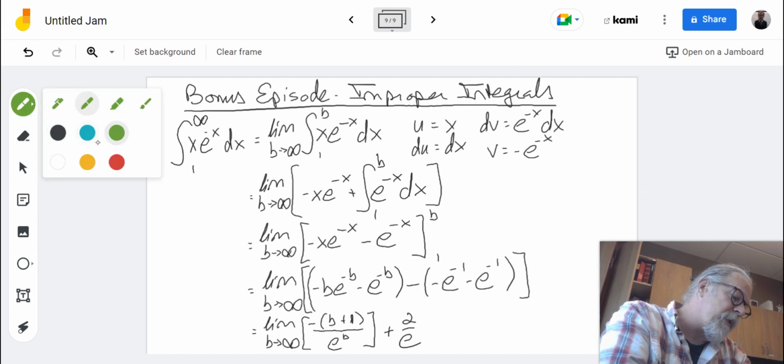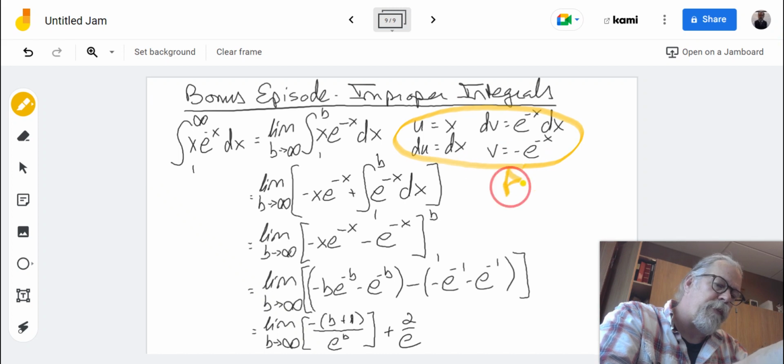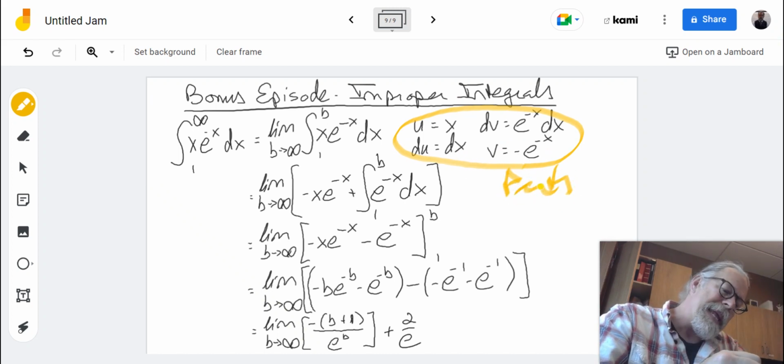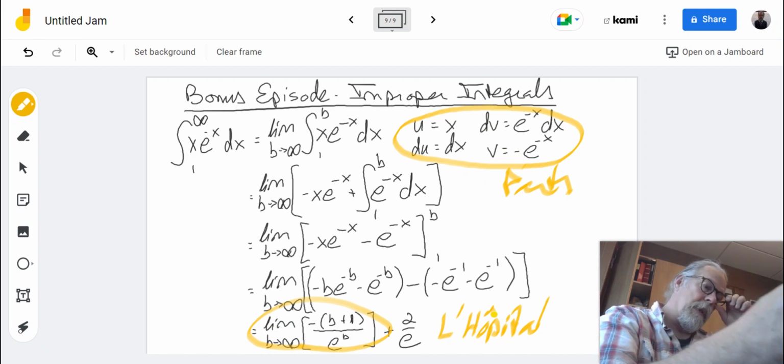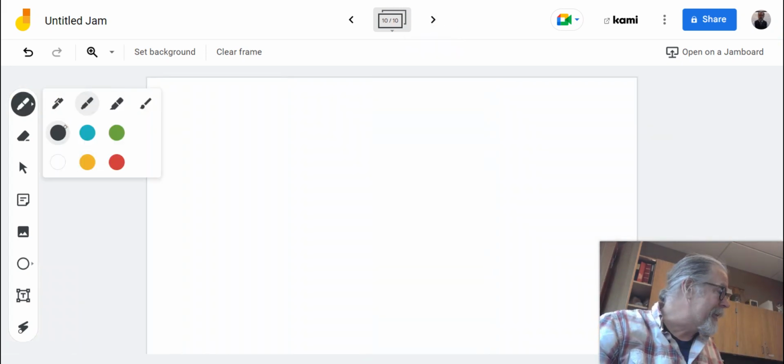So think about what we've done so far. We did parts, and now we get to do L'Hopital. So let's jump to the next page and bang away at L'Hopital.